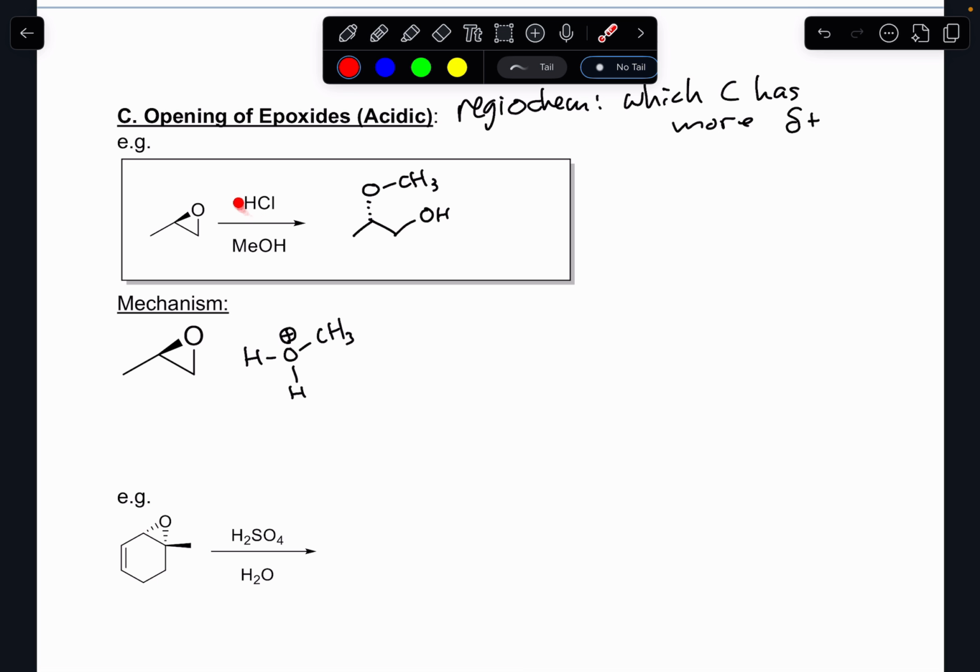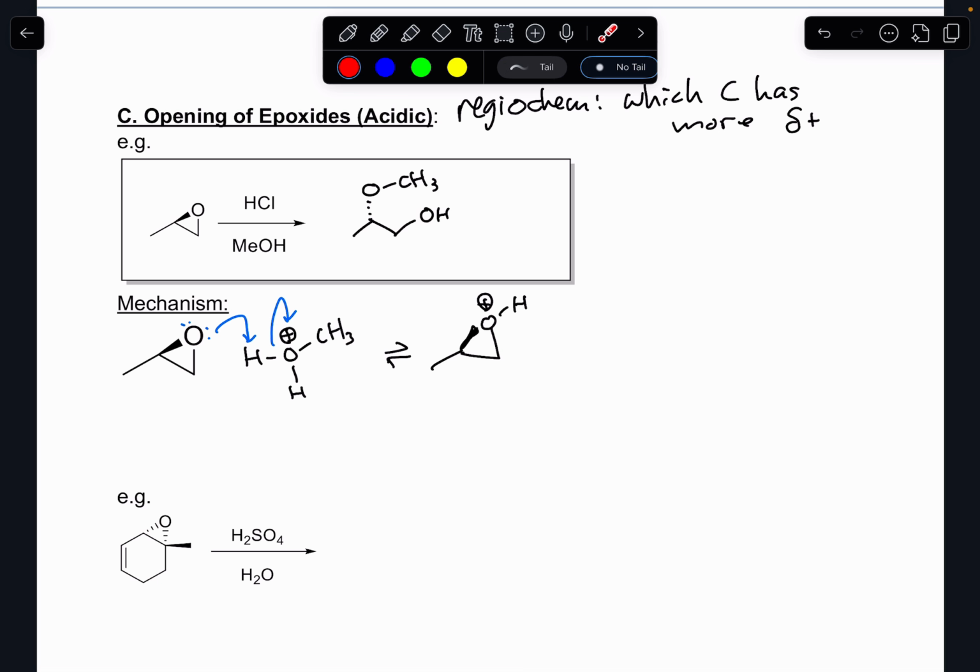Now if you put HCl here, I probably wouldn't mark you off unless we're specific about the acidic species in the problem, but technically I want you to know that would be the acid species that you would encounter. Now, so it gets protonated, that's a pretty strong acid still. Right, so now you have this positively charged epoxide.